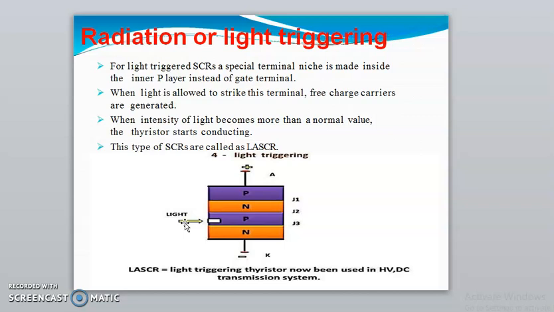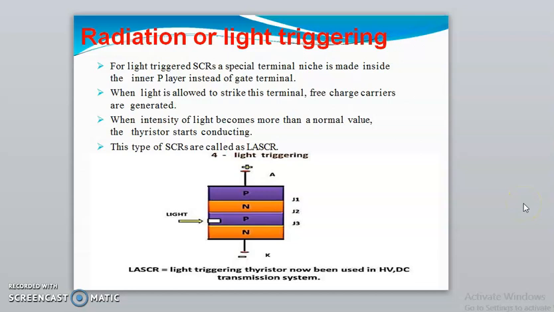Free charge carriers are generated in the SCR, which will increase the number of charge carriers, which will lead to instantaneous flow of current within the SCR. And when the intensity of the light becomes more than the normal value of SCR, then the SCR starts conducting.